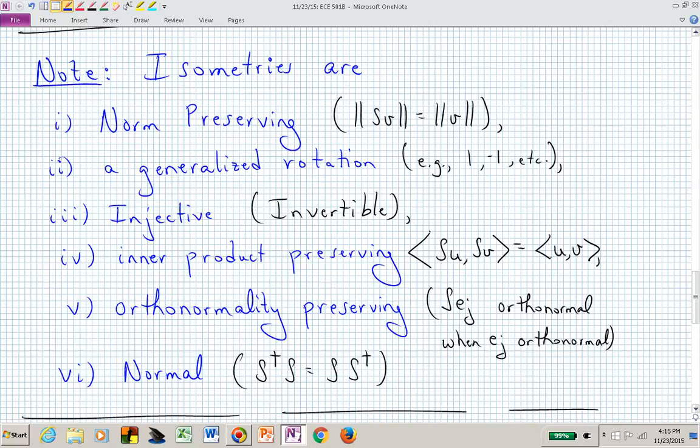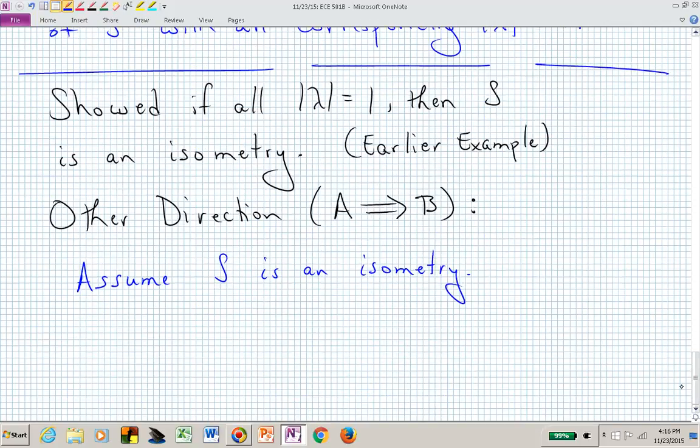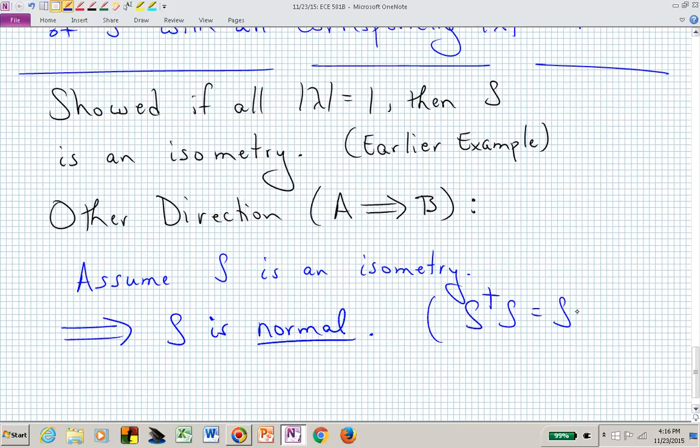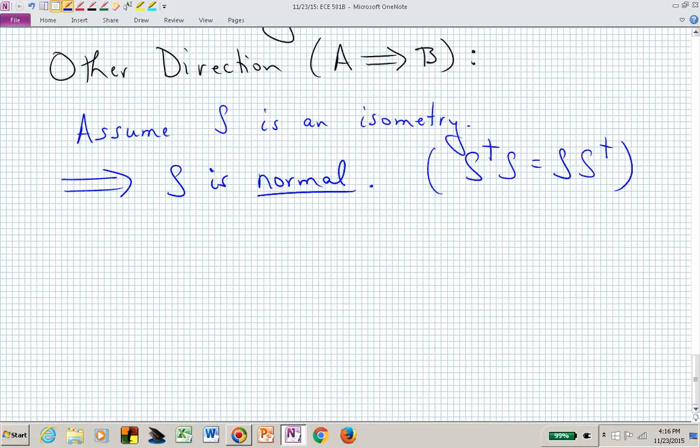Let's now play on the fact that it's a normal operator. Assuming S is an isometry, then that implies that S is normal. Again, S and its adjoint commute. That's what we mean by normal. Once we have a normal operator, what do we know about the eigenvectors? What does the spectral theorem tell us?